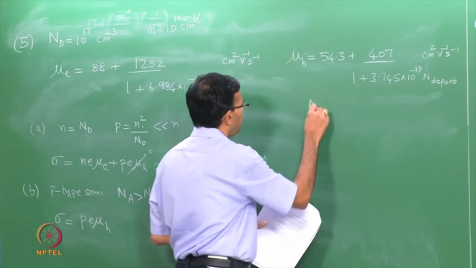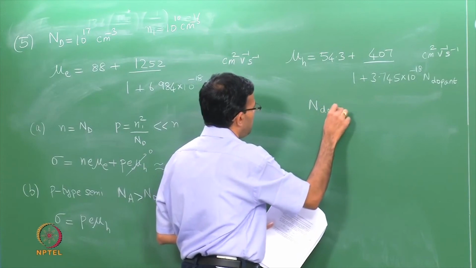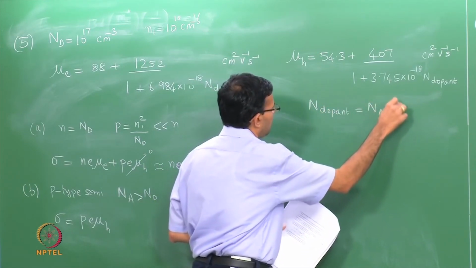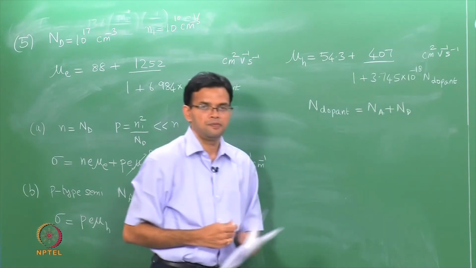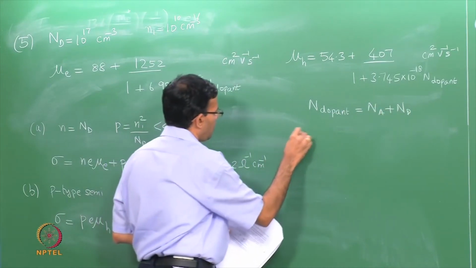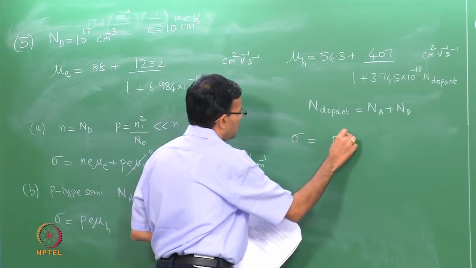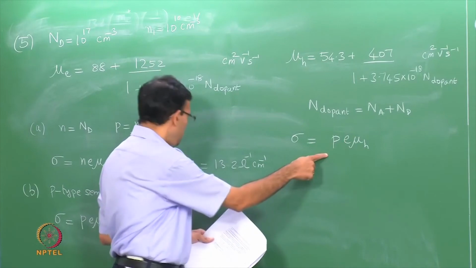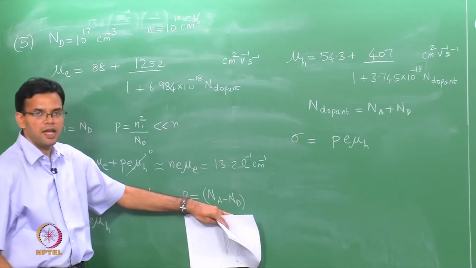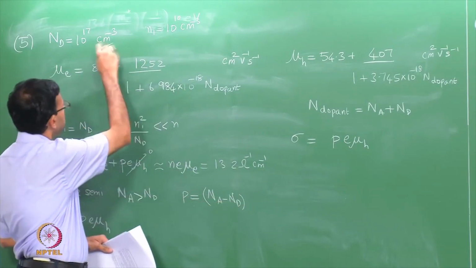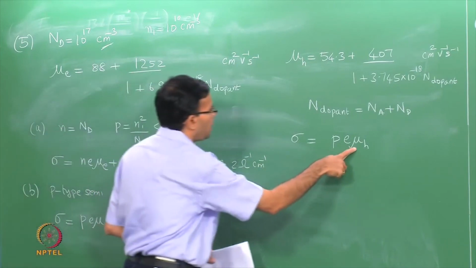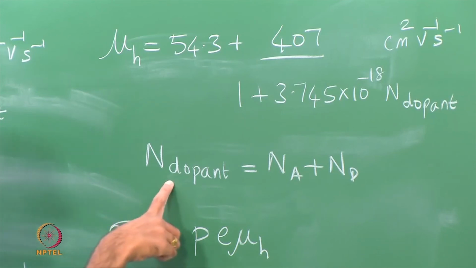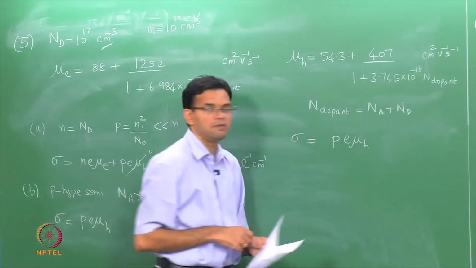So, the total dopant concentration in part B is equal to Na plus Nd. So, we use the same equation, sigma, it is now p type. So, it is Pe mu H, P is nothing but Na minus Nd and Nd we know, and for mu H we can use this expression except that N dopant will be Na plus Nd.